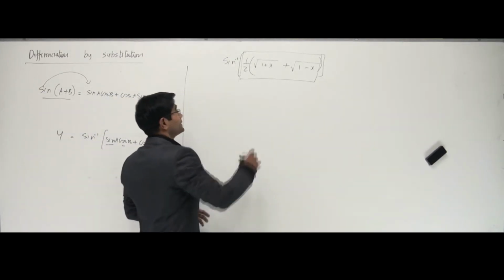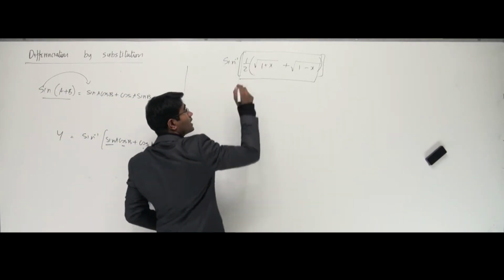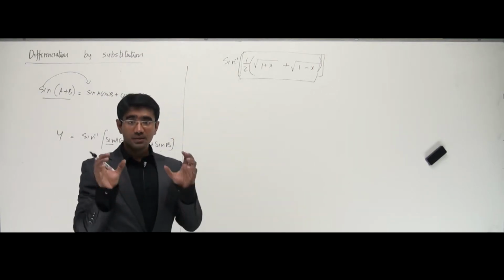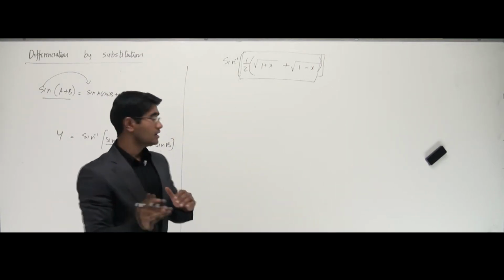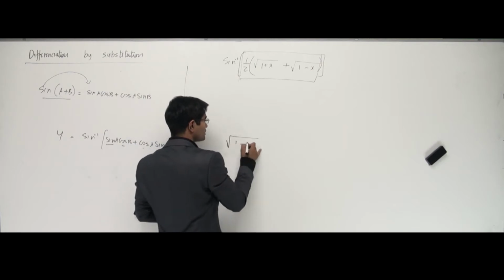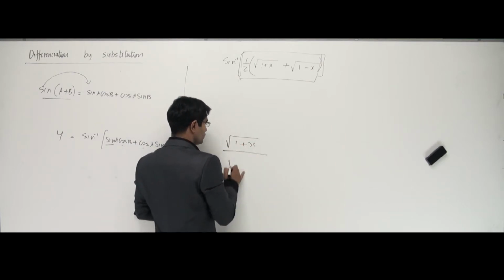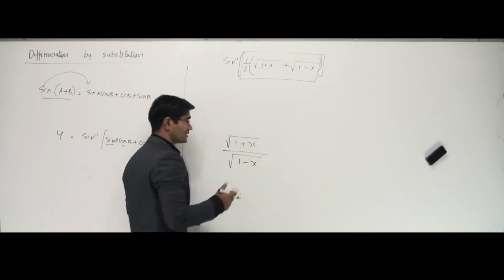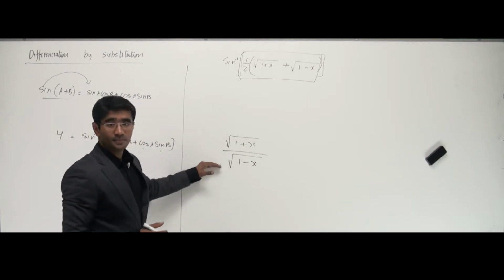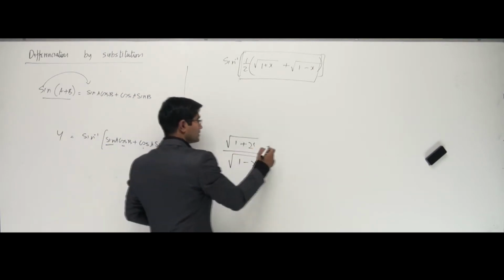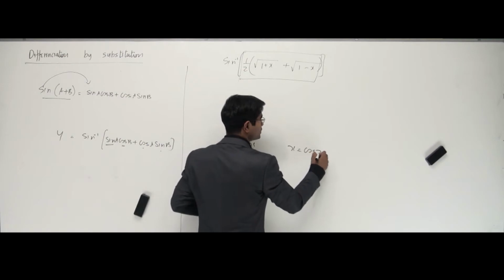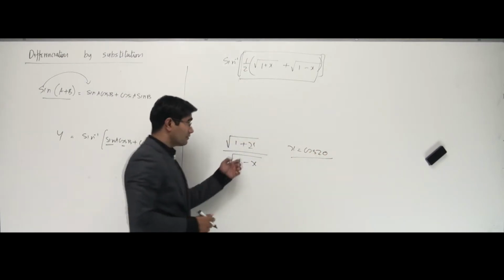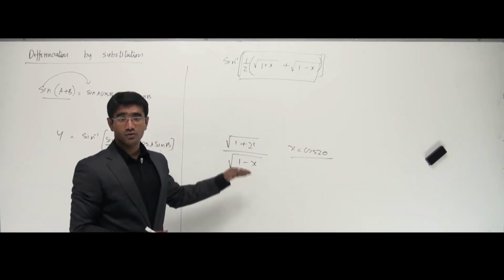Let's go ahead, and before I continue with this, I would like you to strongly keep this in mind. Whenever I have 1 plus x and a root of 1 minus x, something like this, connected like this, always the x part is substituted as cos 2 theta, and it can prove to be very helpful if you remember this.